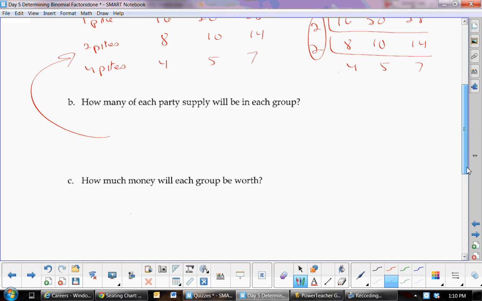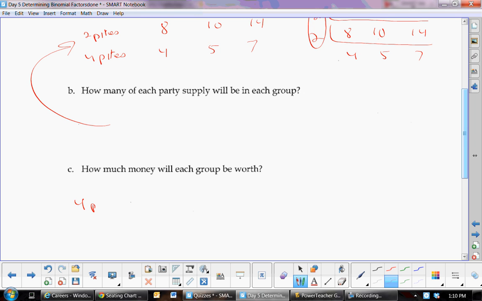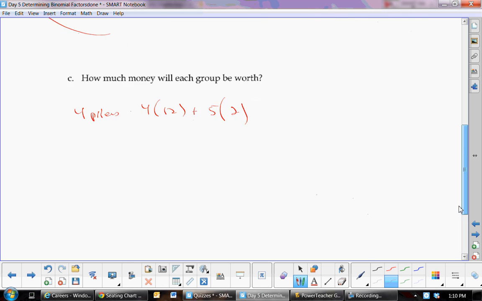And then how much money would each group be worth? Well, we don't have to do all of them. Let's just do 4 piles because we'll get the gist. So that's 4 times a banner's worth $12. And then what do we got? 5 balloons. And they're $2 each. It's an expensive balloon. Just thought about that.